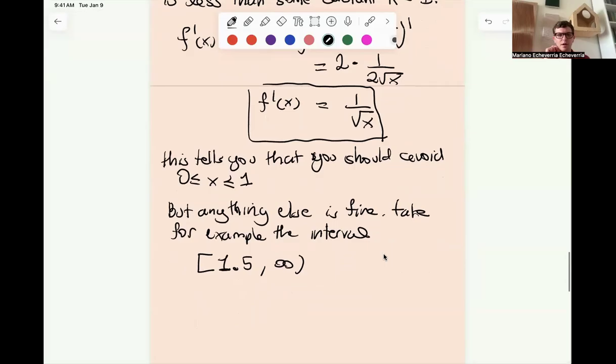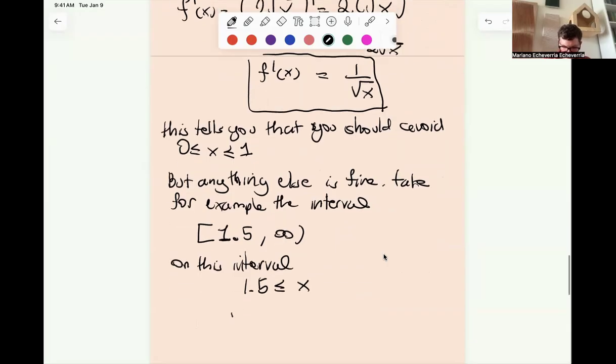So if you take this interval, then what happens with the derivative, right? On this interval, x is always greater or equal to 1.5.